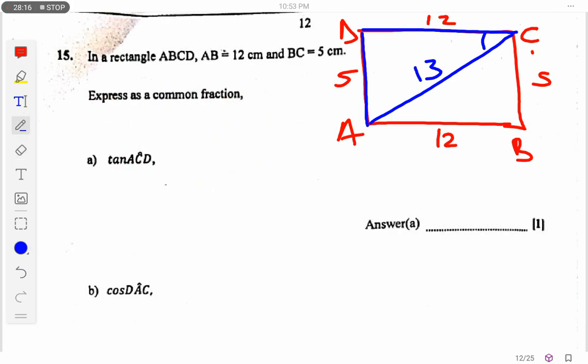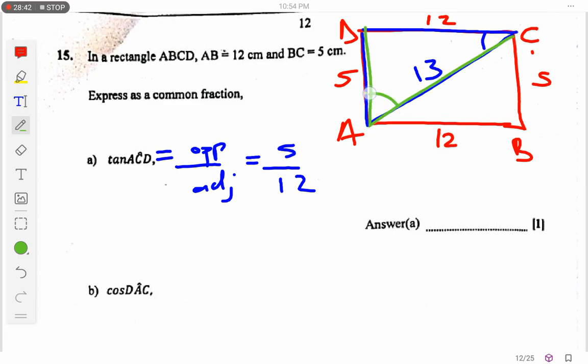Tan AC, tan is equal to opposite over adjacent. So our tan is going to be opposite, 5 over 12, like that. Then for cos, it's going to be cos D. So we are now looking for cos DA, this angle, that's the one that we are looking for now.